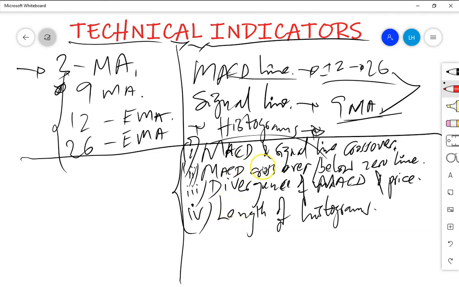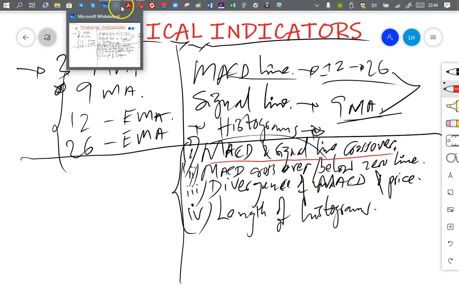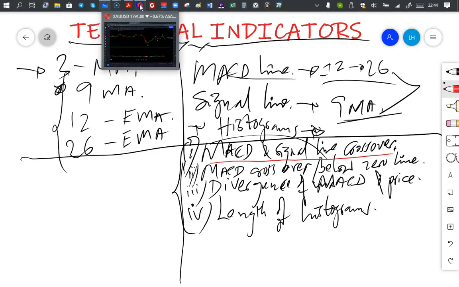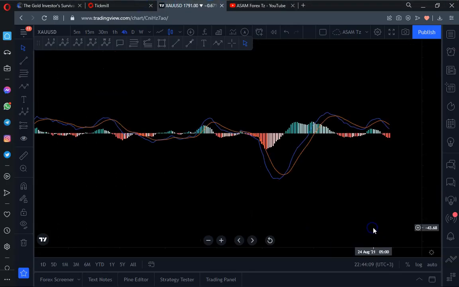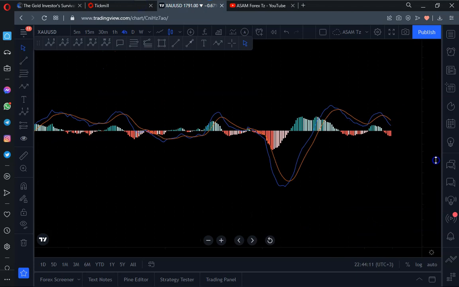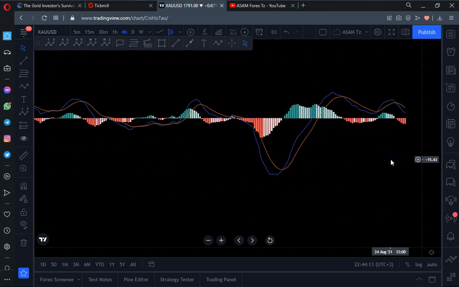So let's see how you can use the idea of MACD and signal line crossover. I think it will be clear if I explain it while I'm on the MACD indicator. Now I've talked about the MACD line, the blue one, and the signal line.